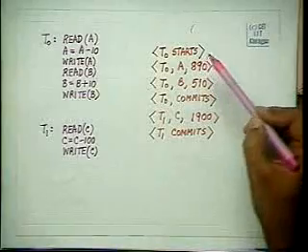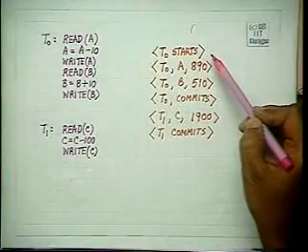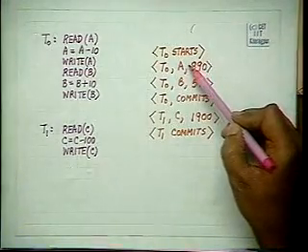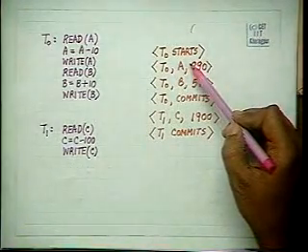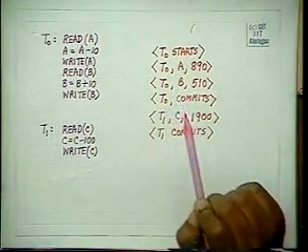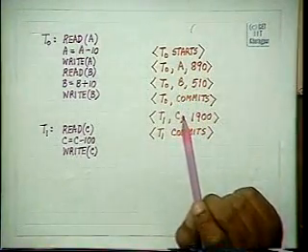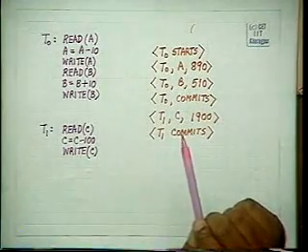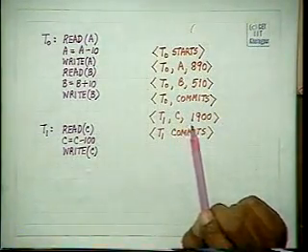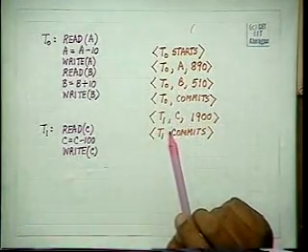So a log can be, now let us see deferred database modification. In deferred database modification, we need not remember what the old value is, because if any transaction is aborted or failed before partial commitment, then we are not afraid of the database becoming inconsistent, because nothing has been written into it.